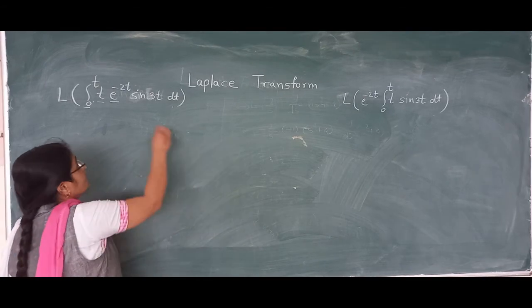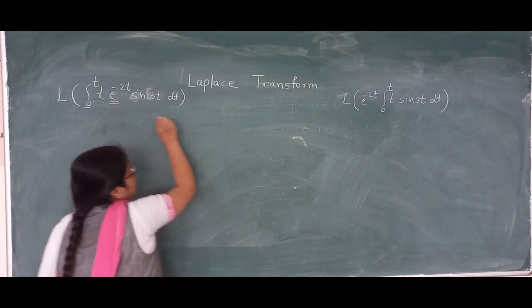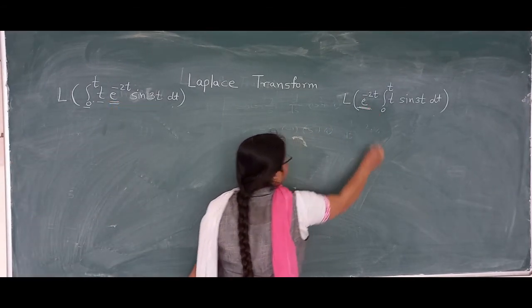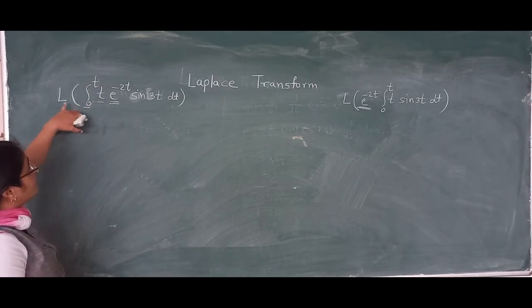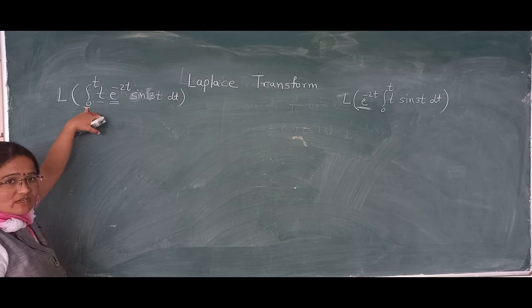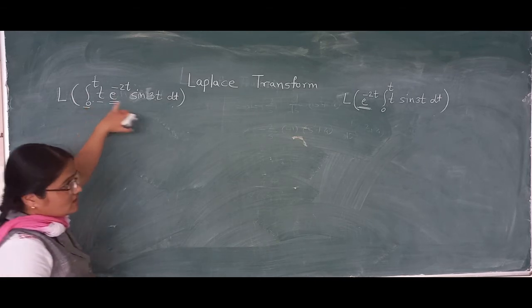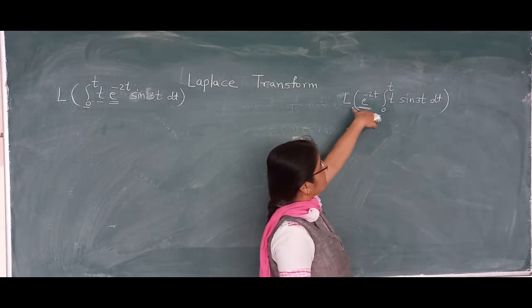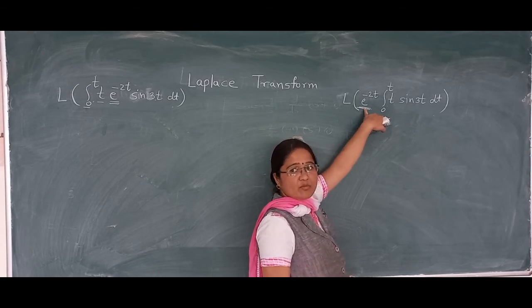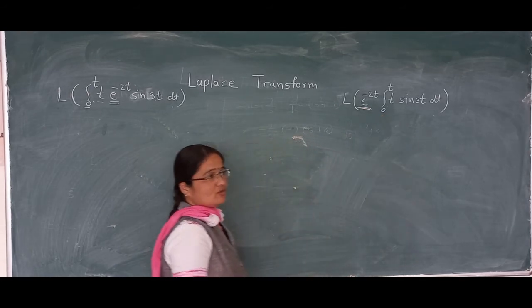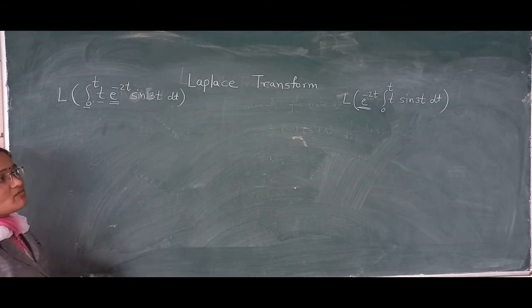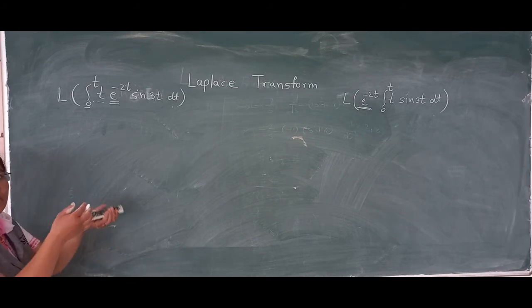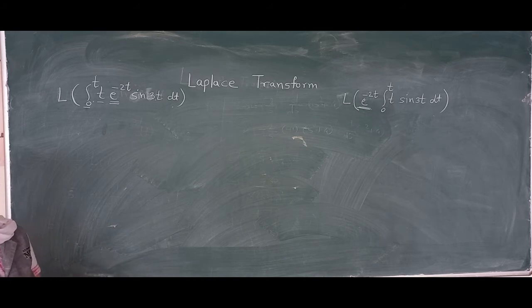The position of the exponential is important here. Here we have to apply Laplace of integration first, and there we have to apply the first shifting property first. So the position of the exponential is very important when you solve such examples where multiple properties are involved.